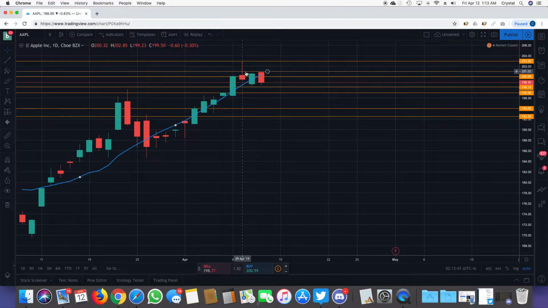So I sold one when it got to 203, when I saw that it could not get above 203. And so I'm still holding one contract, and I'm willing to stay in that contract as long as it's above 197. So as long as Apple's still above that, I'm still going to stay in this trade.